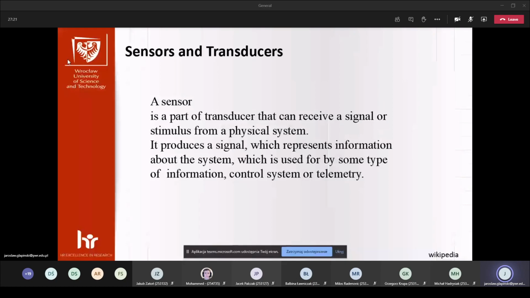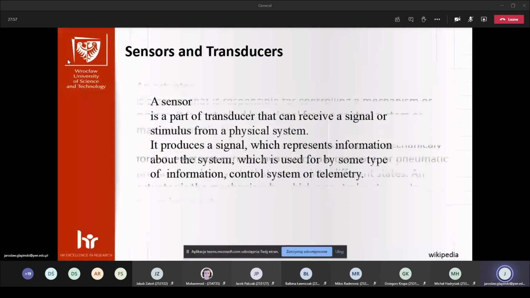Okay, so generally a sensor produces a signal which represents information about the system, the outside system, of course. And this is used as a type of information for a control system or telemetry system and other systems we design. So a sensor gives information from the outside world.